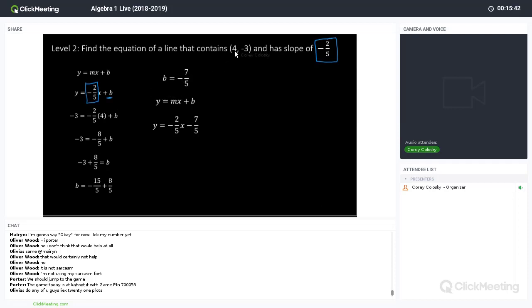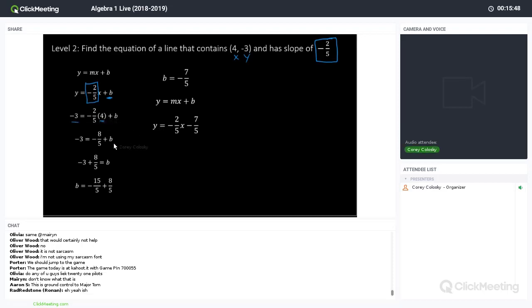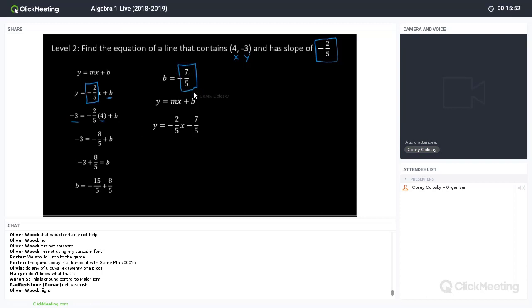To do that, we plug in this point, x and y. So that's what we plugged in here and here, x and y. We solve for b. When you solve that for b, you get this. So now we plug that in for b, -7/5. Okay, and then m was already given, it's -2/5. Okay, hopefully that helped a little bit.